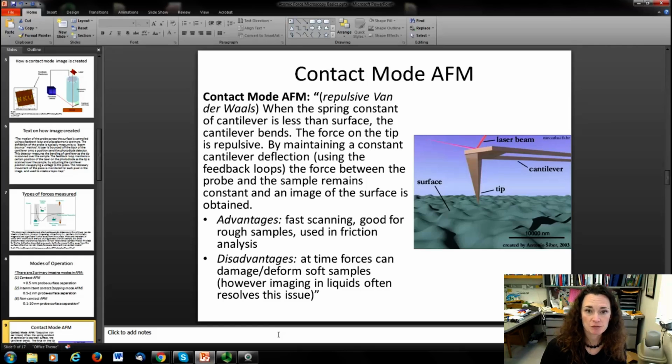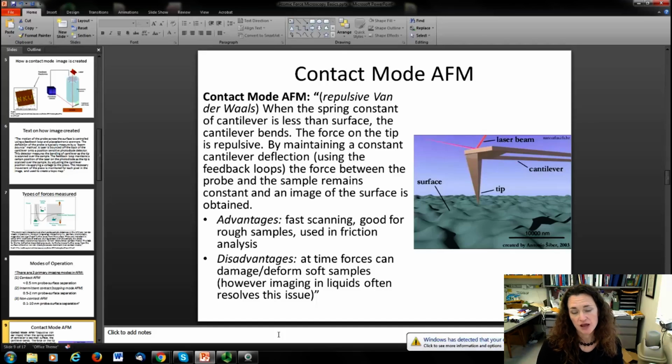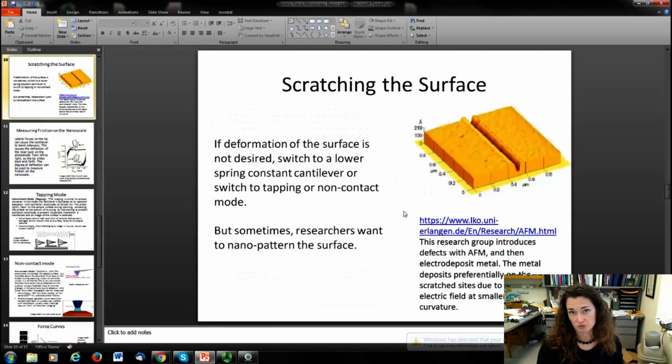But when you're in this repulsive van der Waals regime, your spring constant of the cantilever is less than the stiffness of the surface, and so the cantilever bends, and the force on the tip is repulsive, and then you maintain a constant cantilever deflection using that feedback loop I described earlier, and the force between the probe and the sample remains constant, and then you use that to generate an image of the surface. So the advantages are that this is fast scanning, and it's good for rough samples, and it's used in friction analysis, which I'll talk about in just a second. But the disadvantages, of course, are that it can scratch the surface, as we talked about earlier.